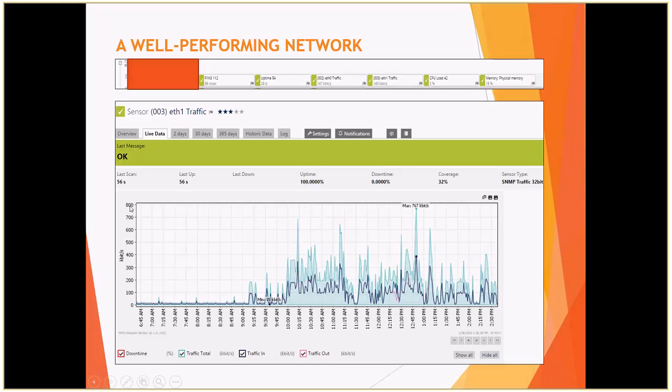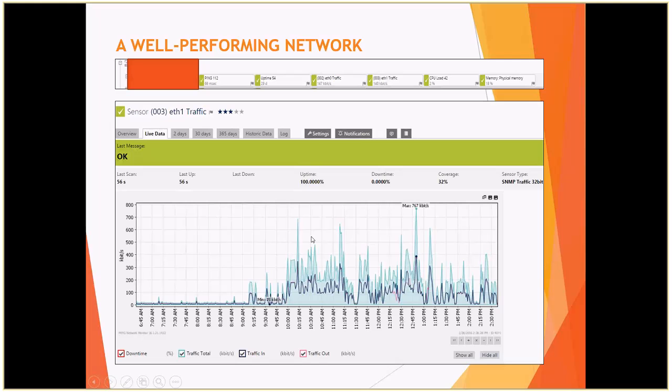The maximum on the graph on the left-hand side is 800 kilobits per second. You multiply that by 8, and that would be around 6 meg only of usage out of the 30. So the bandwidth is not fully utilized, which is good, and this is a well-performing network.